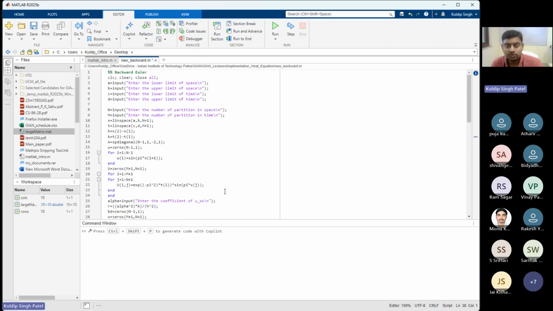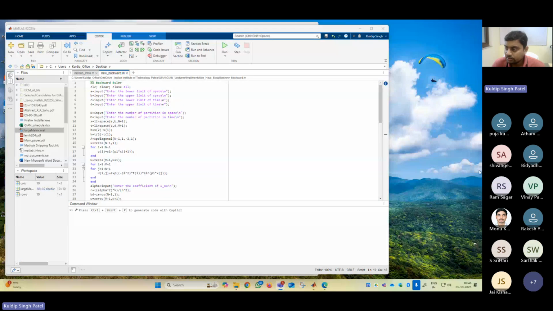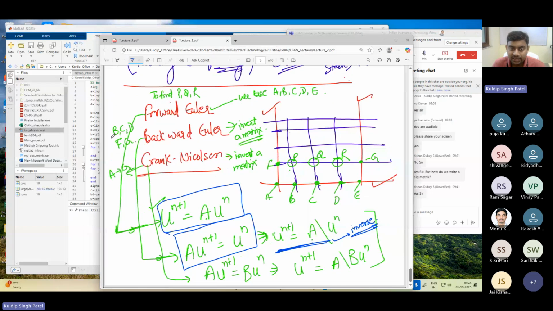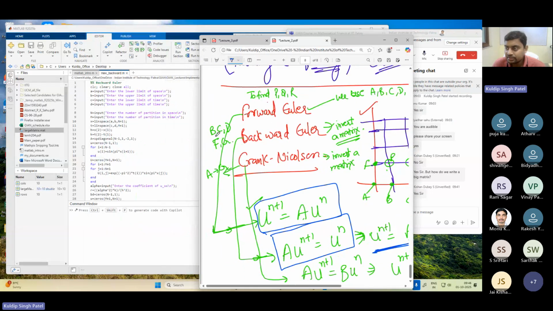So this is the code for backward. Right? So what we realized, share the whole screen, because many times I need to change. Yeah. So now you can see the whole screen.